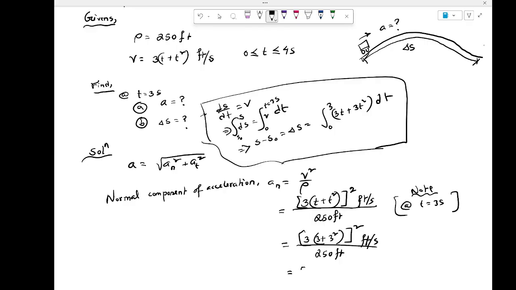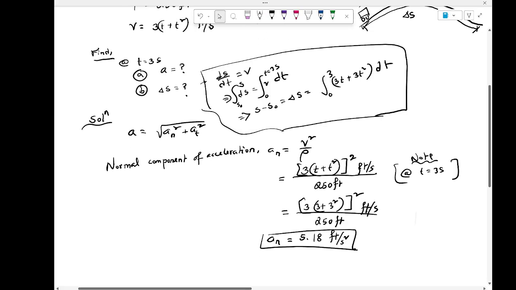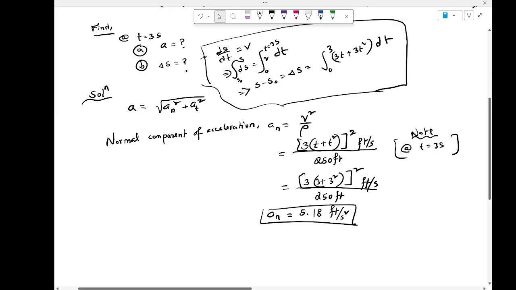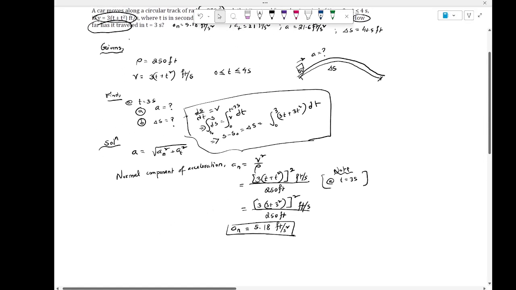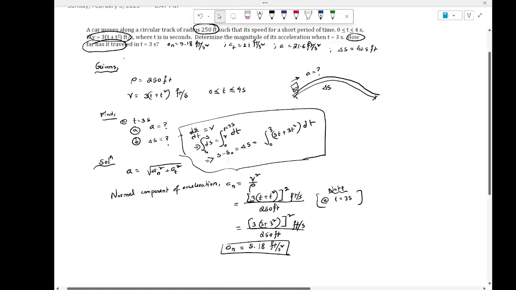If you do the math, you're going to come up with a value of 3.18 feet per second square. How many of you got the value that I got? You got the same thing? All right, then the next thing would be a different one. Go back up, like here.